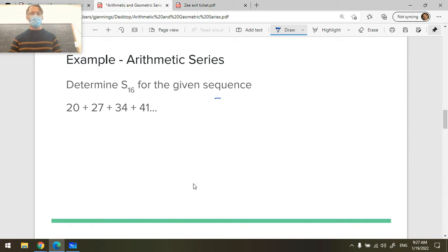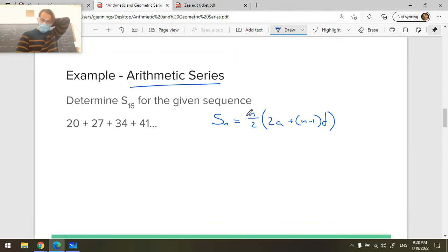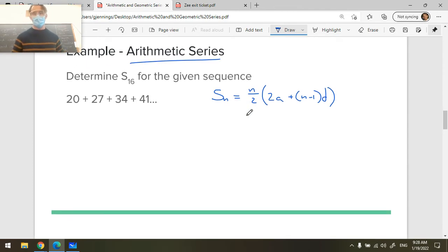So we're looking for a sum of an arithmetic sequence, and that's going to be equal to n over 2, the number of terms divided by 2, multiplied by 2 times the first term plus n minus 1 multiplied by the difference. And then we always go back and we verify our formulas. Oh, yes, Mr. Jennings, you wrote down the formula correctly. Congratulations. And then you pat yourself on the back. Say, yes, I remember the formula. Okay, so write it out each time you do some practice, and that's going to help you remember these.